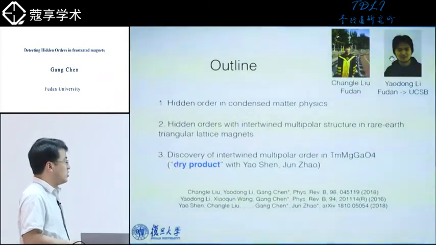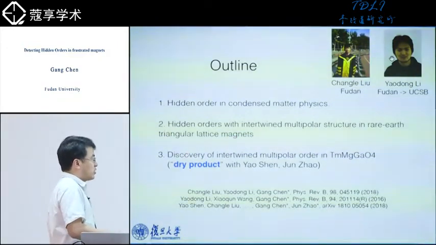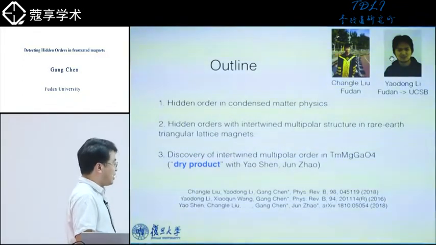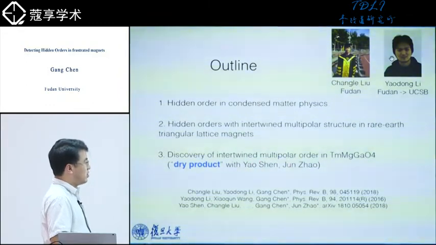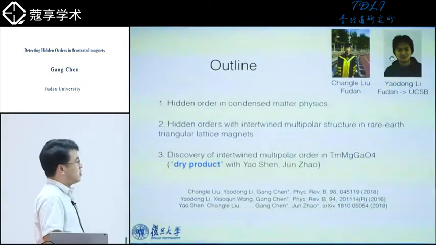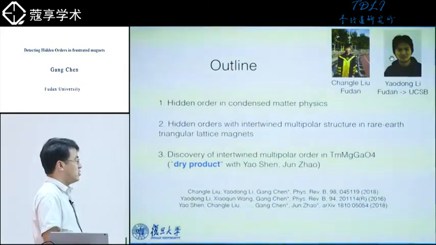In the third part, in collaboration with the experimental group at Fudan, with Yao Shen, a grad student of Jun Zhao, a professor at Fudan University, I will explain the discovery of intertwined multipolar order in this system.